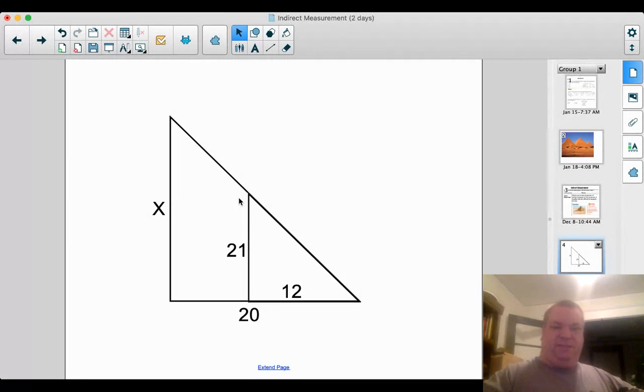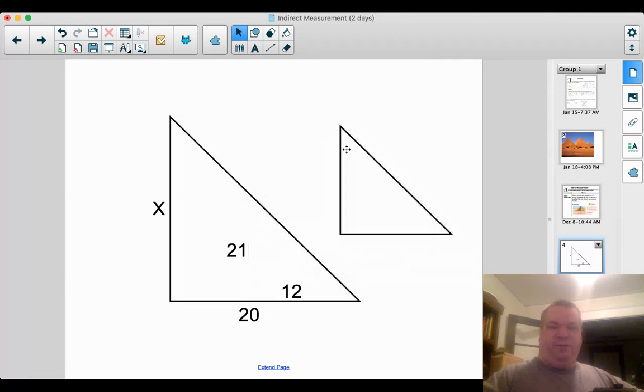Okay, so we're going to do some examples where we're using shadows and things like that in similar shapes to solve for missing pieces. Now, I want to give you a warning right off the bat because in a lot of these pictures, it's easy to get mixed up because sometimes you've got the triangles overlapping. Looking at this, you might be able to easily see the big triangle here and a small triangle here. In a lot of cases, it might be beneficial for you to move them apart. When you move them apart, you can see the 21 corresponds to the X, the 12 corresponds to the 20.